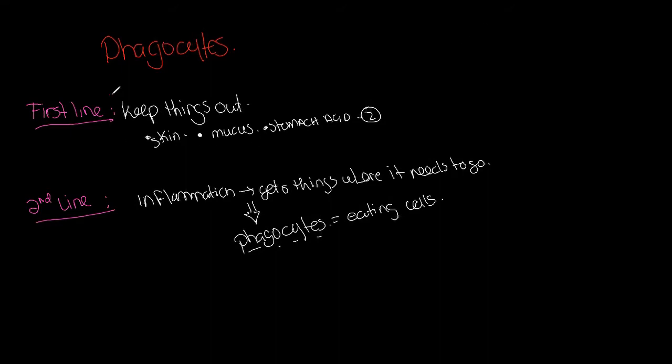So if we want to think about a phagocyte, we have this guy here with a nice little nucleus. Phagocytes have these super sensors on them that act like radio antennas, if you want to think of it that way. These antennas are responsible for sensing the area around the phagocyte.